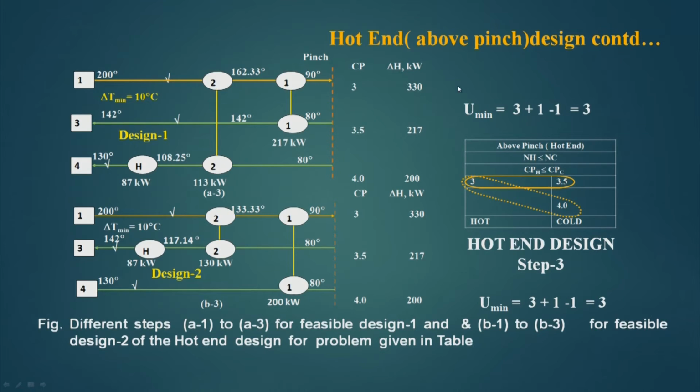So, as far as the units target is considered, we have met the units target. Here in this design also we have 3 heat exchangers, out of which 1 is a heater. So, it has also met the units target. So, we have met units target as well as the hot utility target, both for this hot end design.